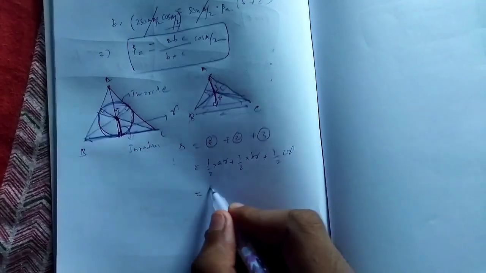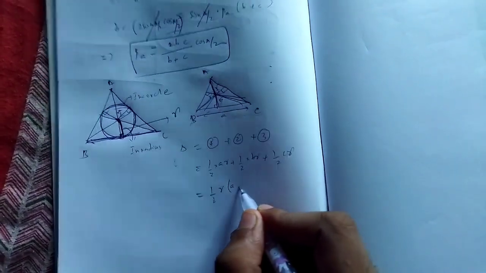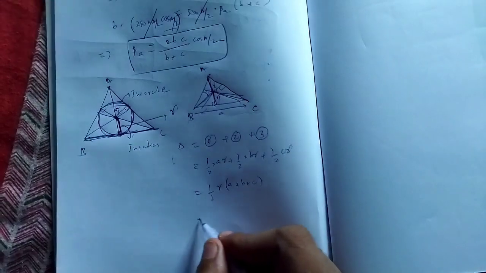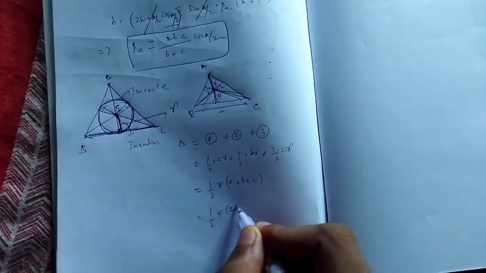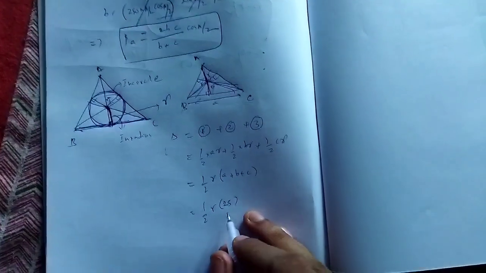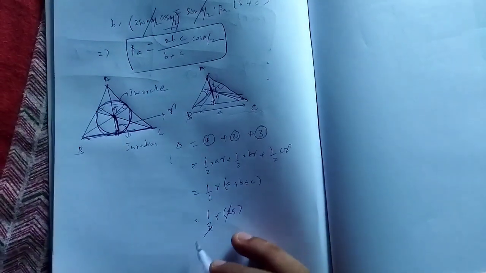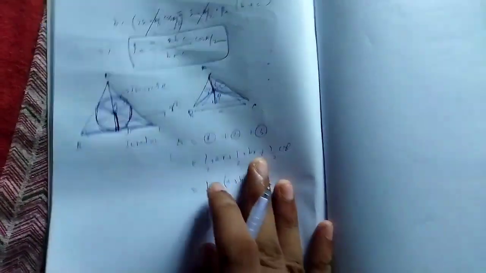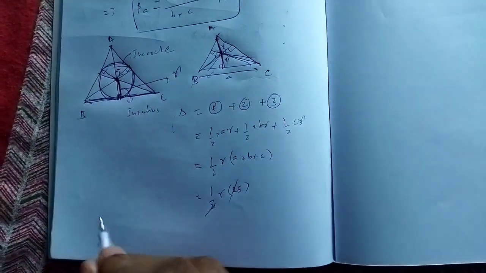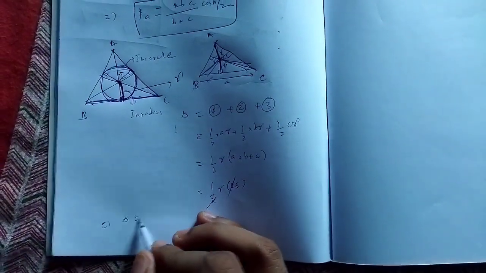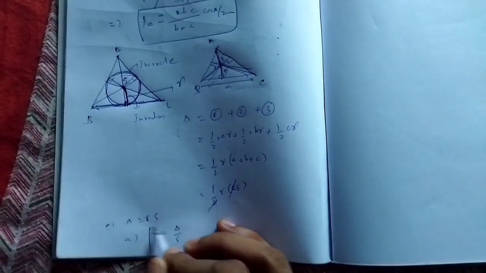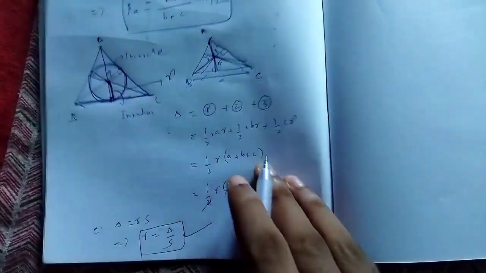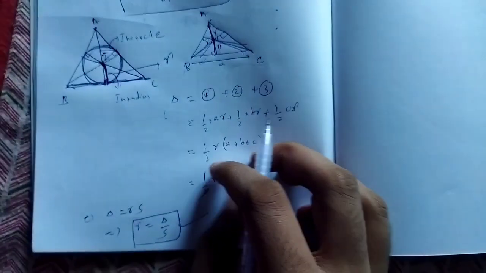So it will be half r into a plus b plus c, where a plus b plus c is the perimeter, which is 2 into semi-perimeter, 2s. So delta equals rs, and r equals delta by s is one of the very important formulas.